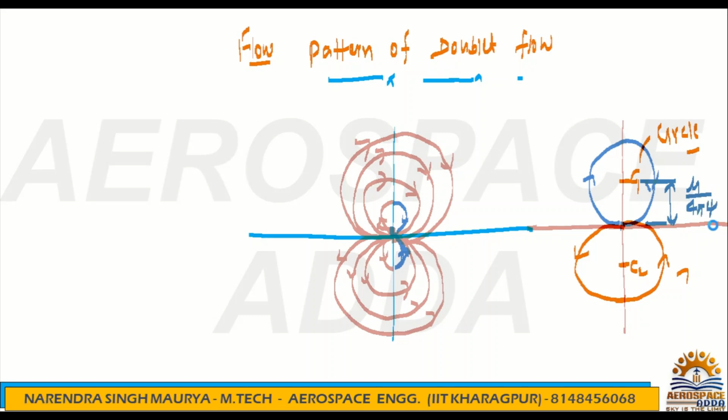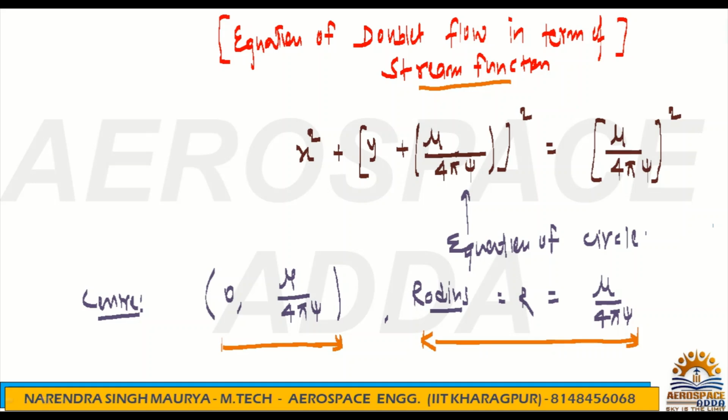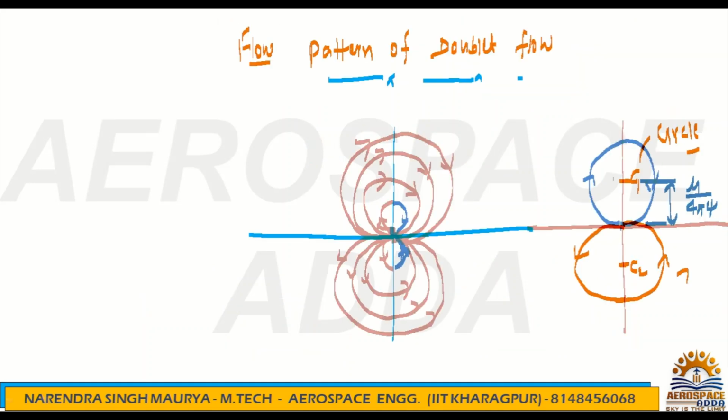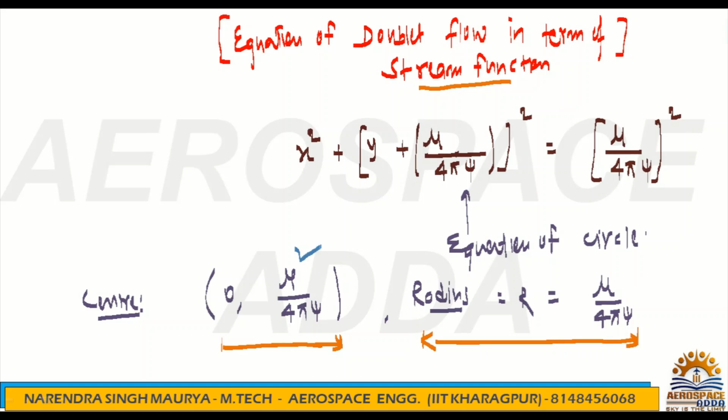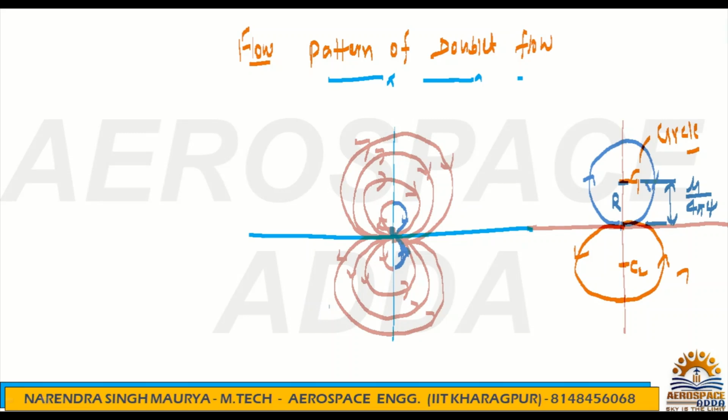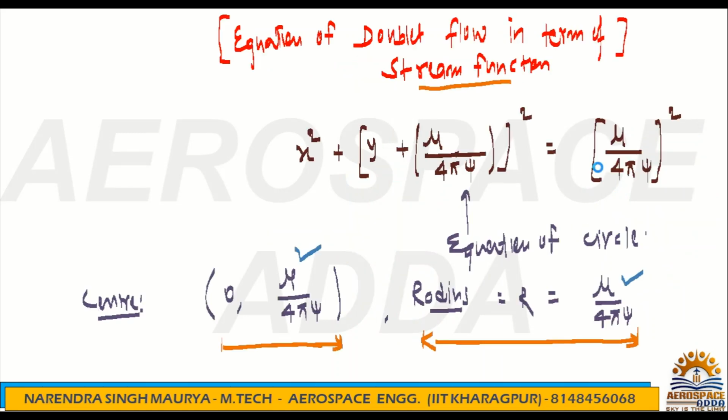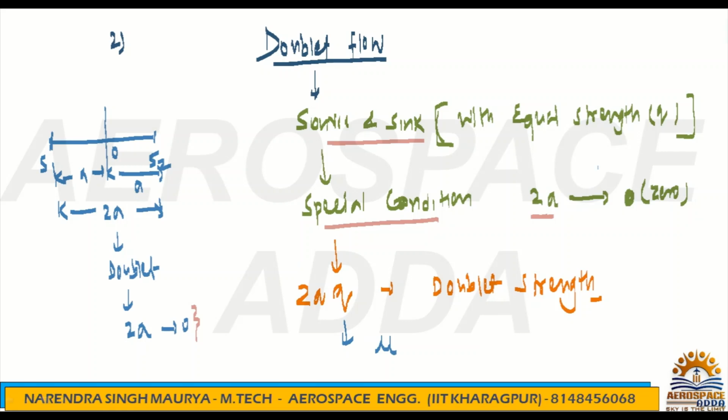And at the same time, it is the radius also, because your circle is touching the origin. That's the reason it is the radius also. For that reason, on the y-axis, center and radius both are the same, because the circle is touching the origin.